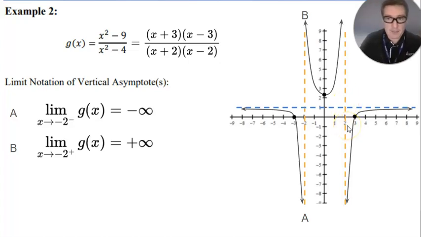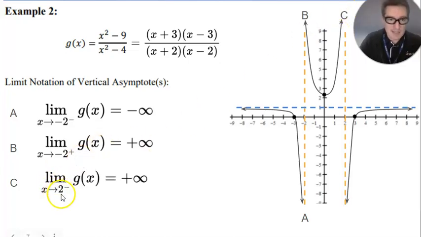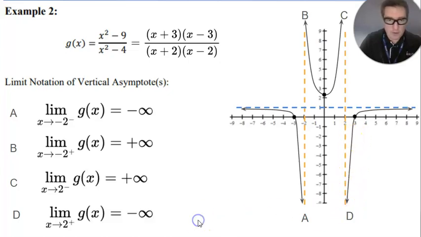This asymptote is located at +2, and I'm going to analyze it slightly to the left. I notice my function is going up to infinity, so when I'm slightly to the left of 2, my function goes up to +infinity. When I'm slightly to the right of the asymptote, my function is approaching -infinity.